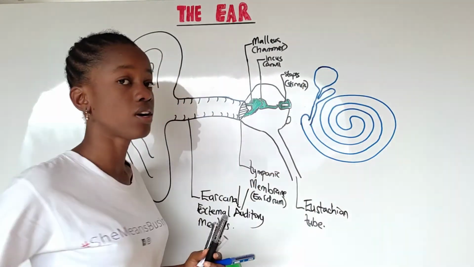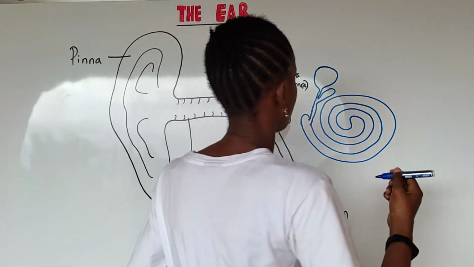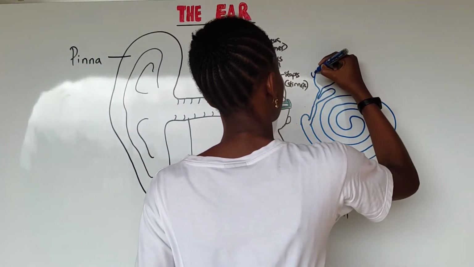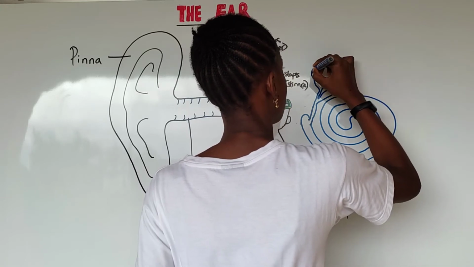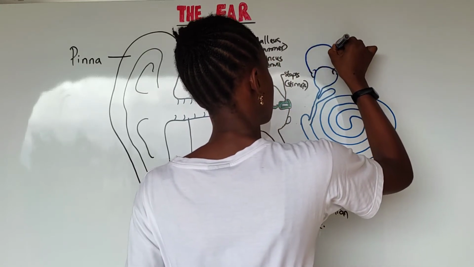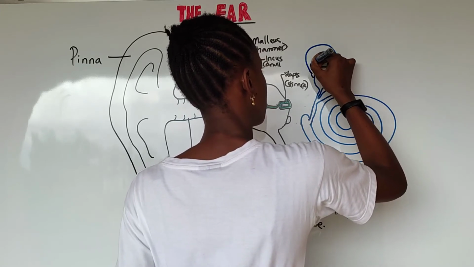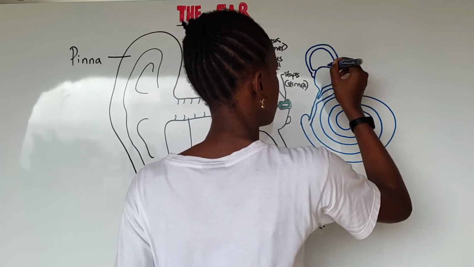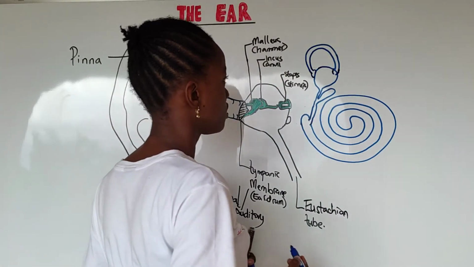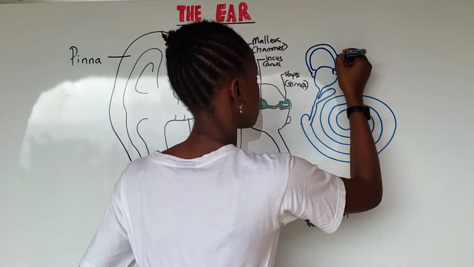So let's go and draw our semicircular canals. Okay, so this is one of the semicircular canals.